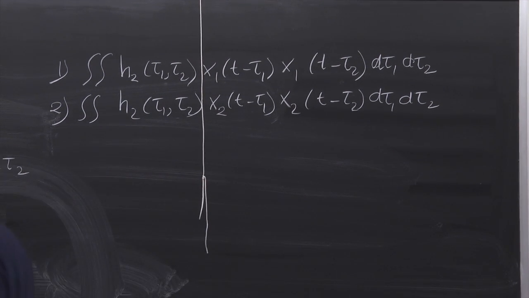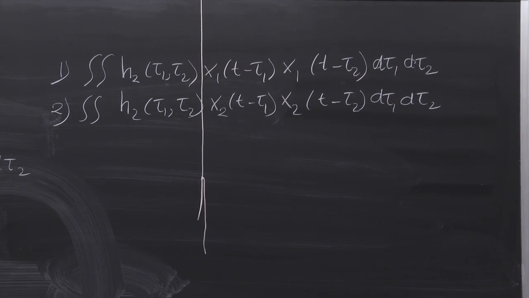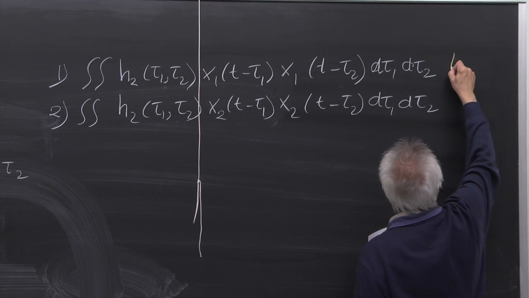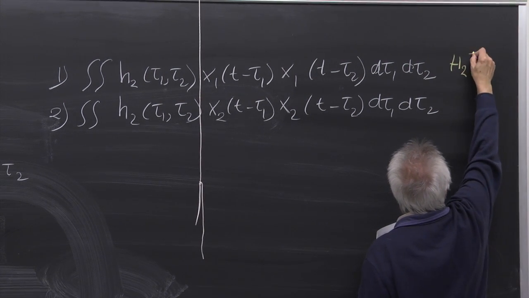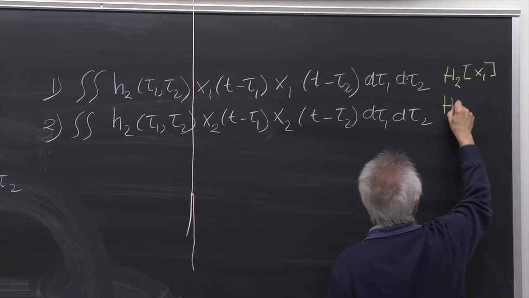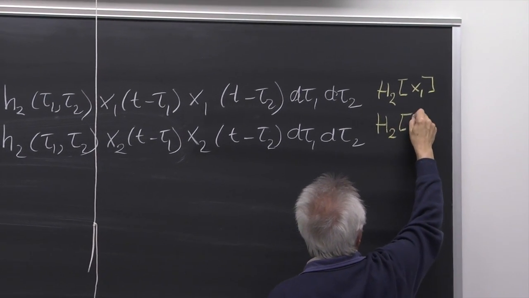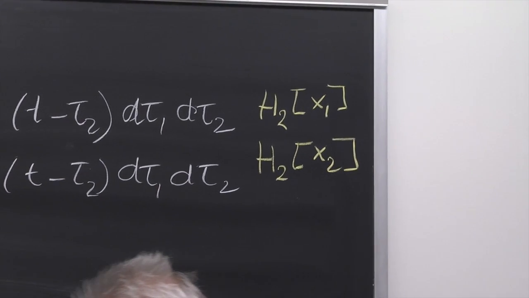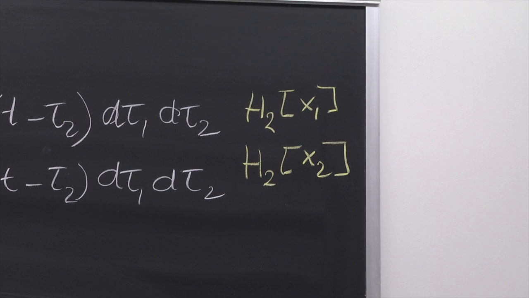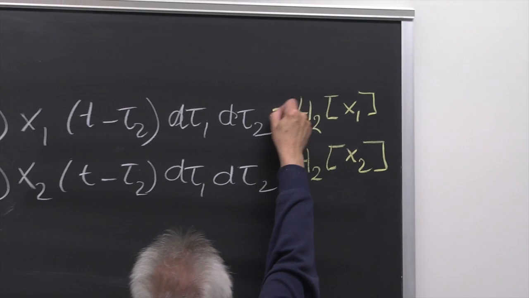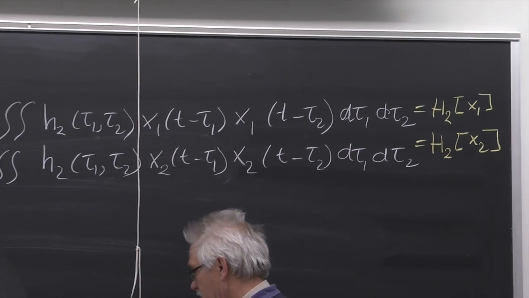If you wanted to use the shorthand notation that we used a while ago, you could say this is basically H2 of x1, and this is actually H2 of x2, isn't it?